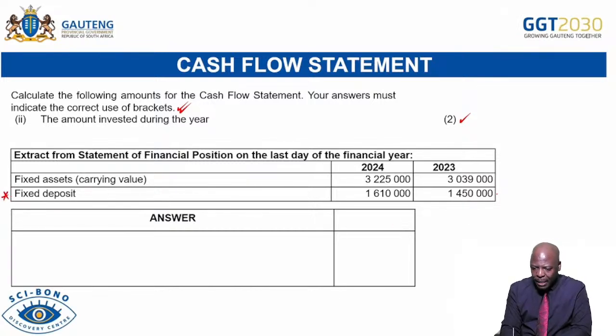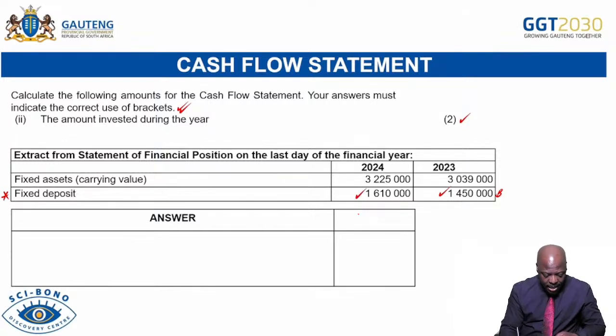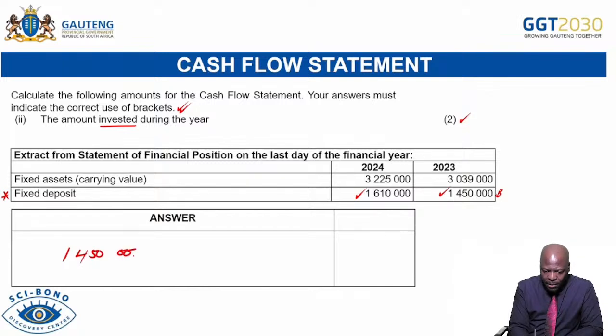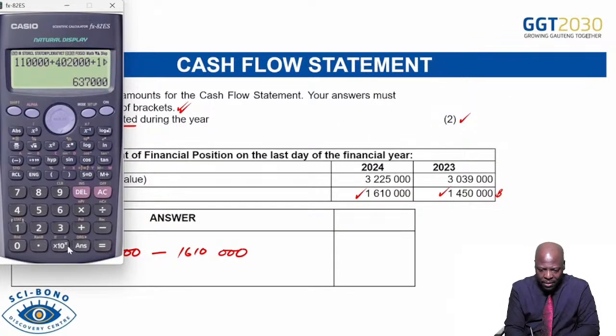So our fixed deposit at the beginning was 1,450,000. And now at the end, it is 1,610,000. So you can see there's an increase on the fixed deposit. That simply means we have made an investment. How much did we invest?